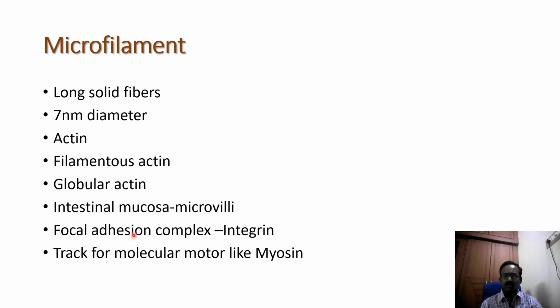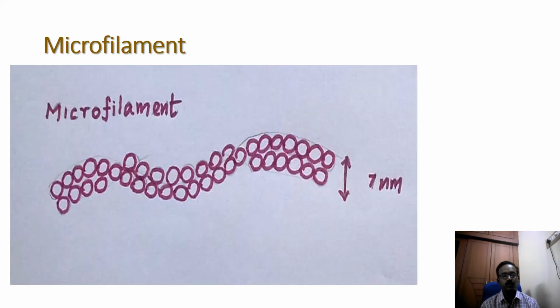The microfilament also acts as the track for molecular motors like myosin for the transport of vehicles within the cell. In the microfilament diagram, the microfilament is mainly made up of actin, with a diameter of 7 nanometer. Actin is mainly important for muscle contraction. It is a major protein in the cell.